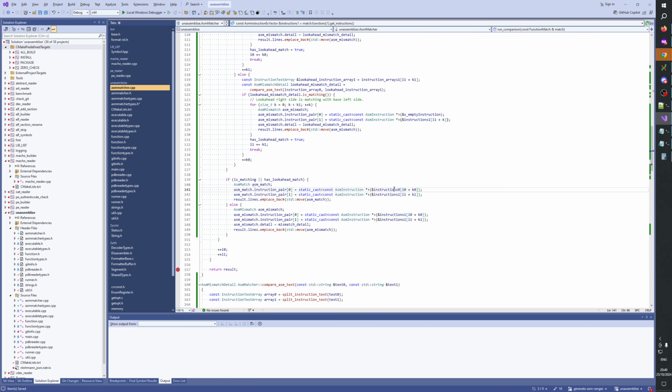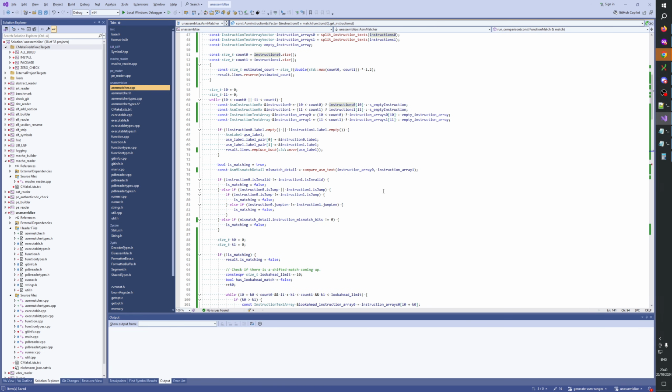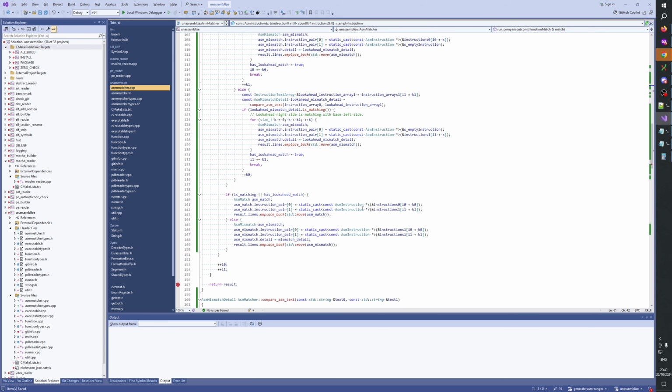This down here is not perfectly readable. We have instruction. Okay, this is illegal what we're doing here right now. This is illegal. Or is it? It is illegal.